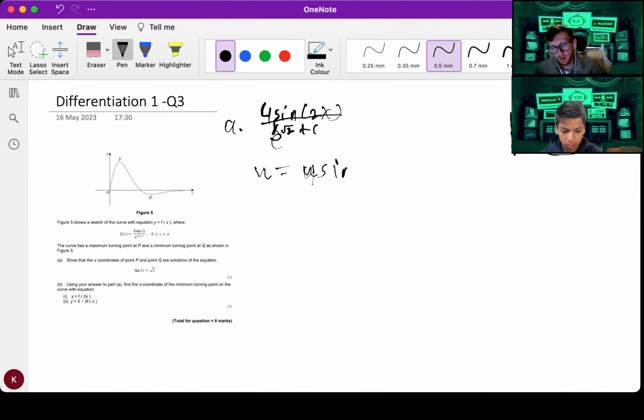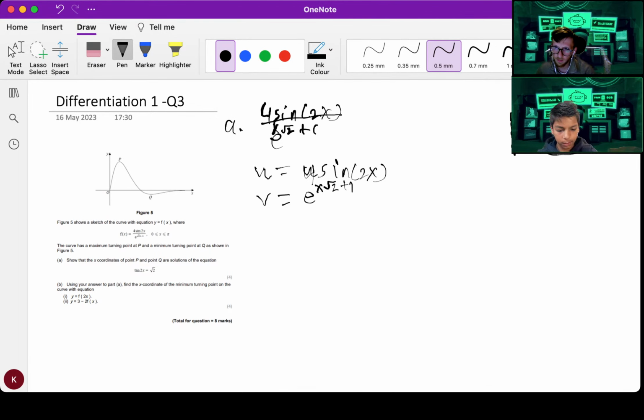With this one, it's probably as easy to use the product rule as the quotient rule, but it's not necessarily easier. Compared to the last question, it's one where you could probably use either, where the last question is definitely easier with the quotient rule. Then v is e to the power of x root 2 plus 1.